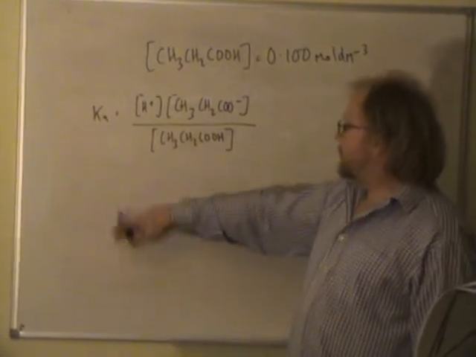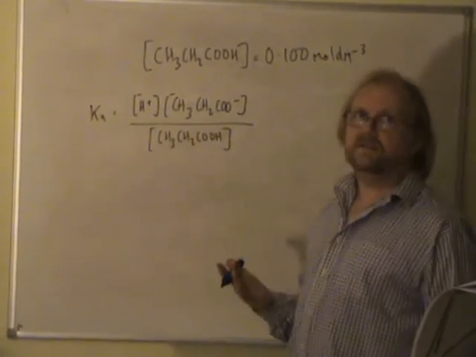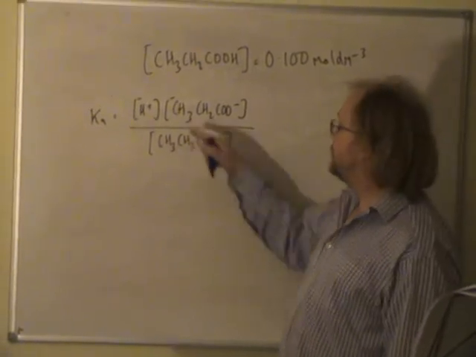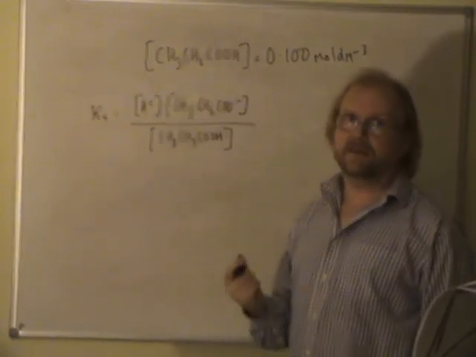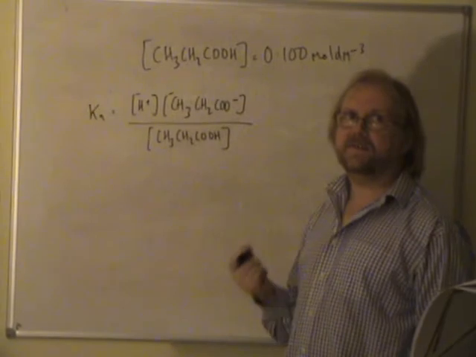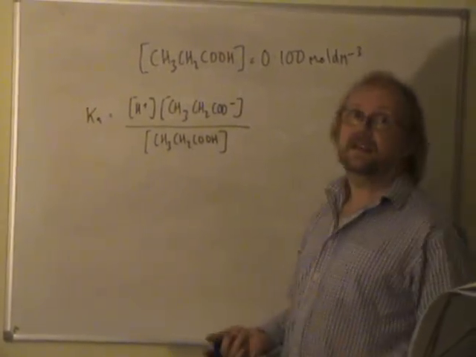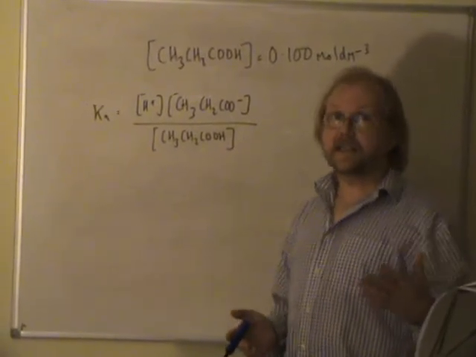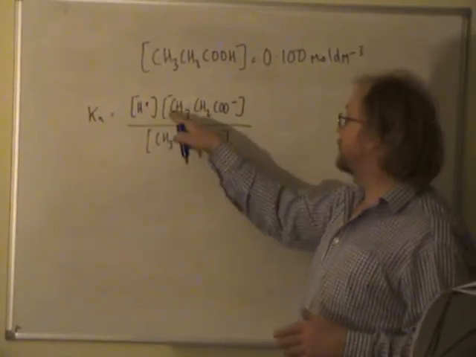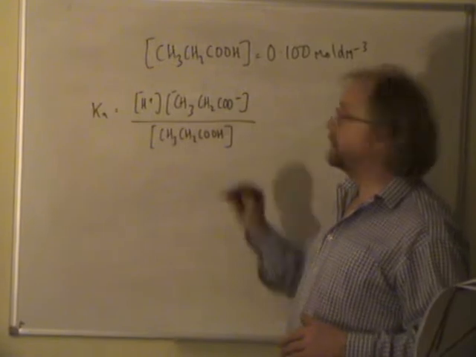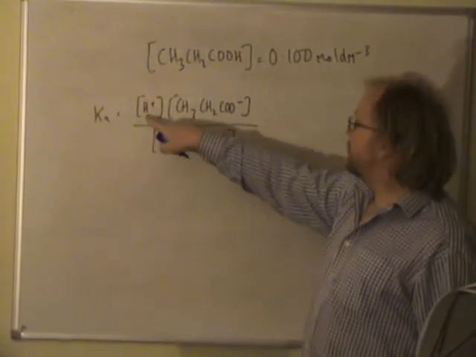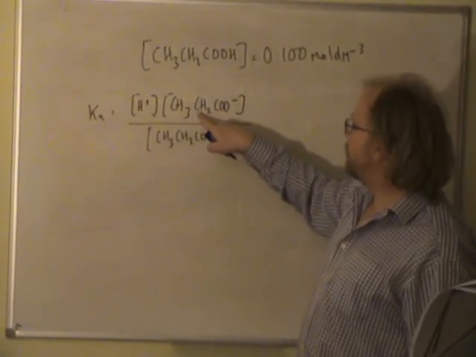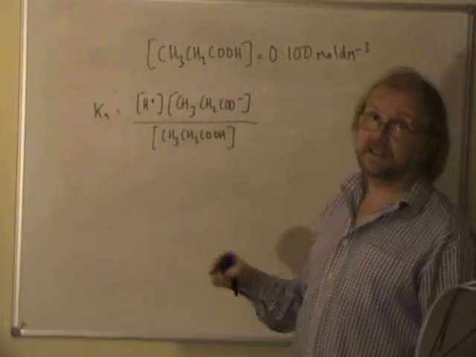In practice though, in this case, you can't use it directly to get the value of Ka because there are too many variables there that you don't know the value for. So you have to make the approximation that, so long as you've got a weak acid on its own in solution and you haven't added any extra salt, any extra conjugate base, then every time you make an H plus, you make one propanoate ion as well, just by dissociating the acid.